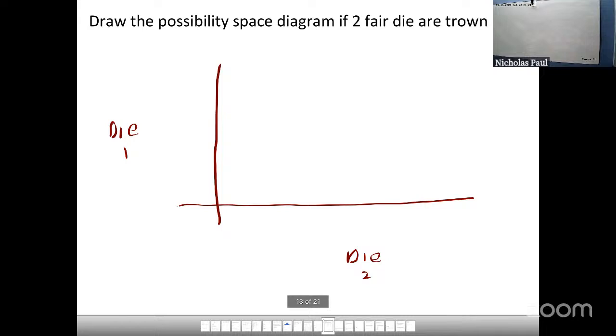I think check it out. Roll of a die. Roll of the word die.